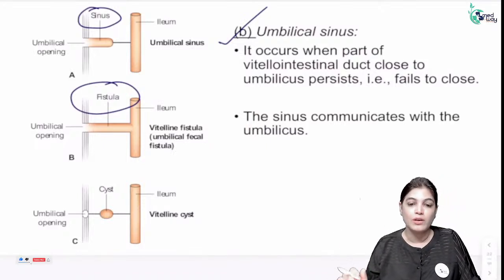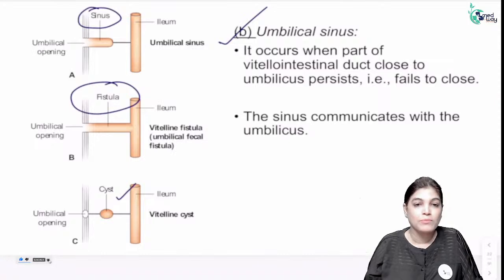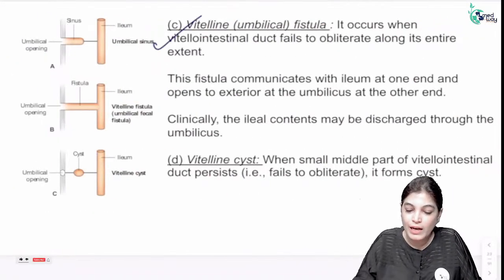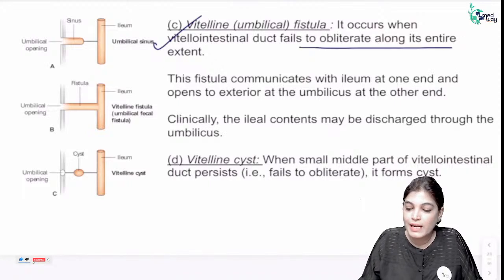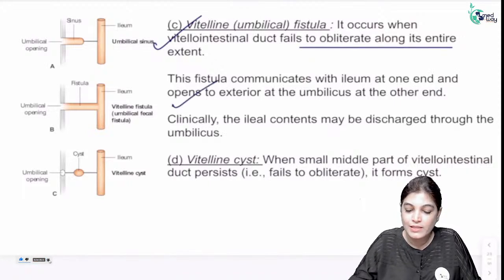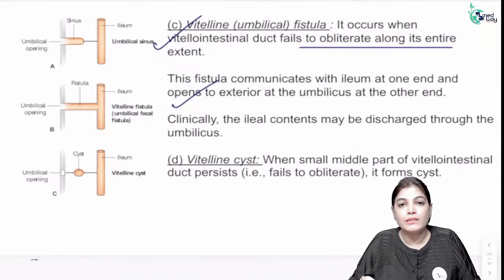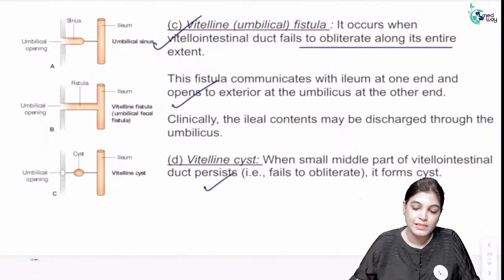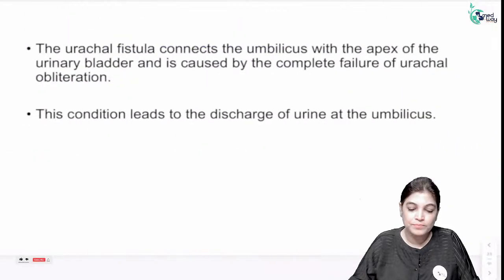That condition is called a fistula, or a cyst can be formed in the middle part. So you can see the vitello-intestinal fistula: as I told you, the vitello-intestinal duct fails to obliterate. It has communication on the two ends, and it may contain discharge from the umbilicus. A cyst is when a small middle part of the vitello-intestinal duct is persisting.